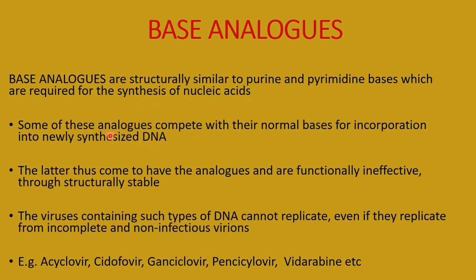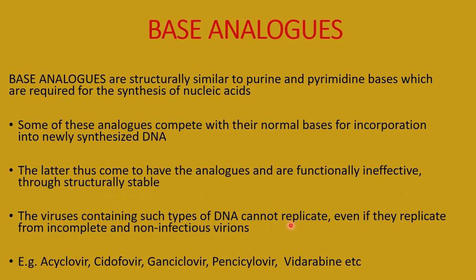Some of these analogues are structurally similar to the purines and pyrimidines, but their function is totally different, so they are called analogues. These base analogues compete with the normal bases for incorporation into the newly synthesized DNA. What happens is that the DNA then contains analogues, which are functionally ineffective though structurally stable.